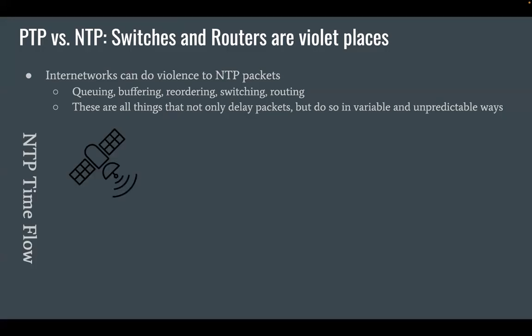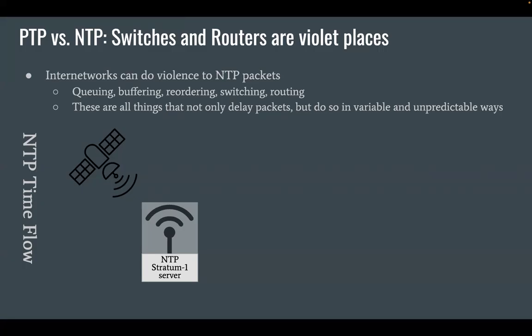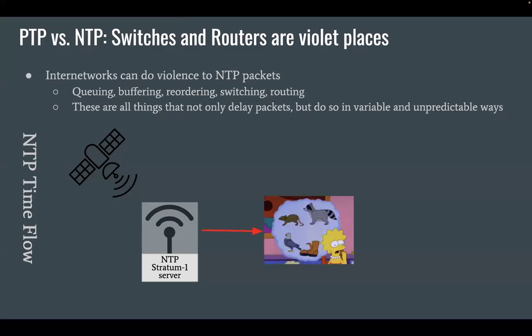So, what's a classic NTP setup? Time almost always comes from the GPS satellites or other satellite-based navigation systems, generically referred to as GNSS. You have an NTP server, which is Stratum 1 because it is at the top of the hierarchy. The NTP server will start emitting packets in response to requests out onto the internet or into your enterprise network.